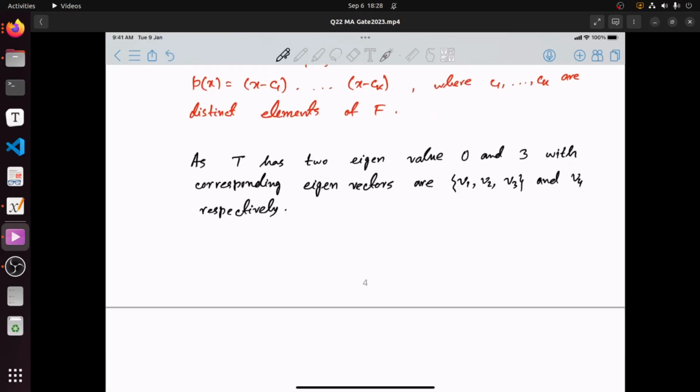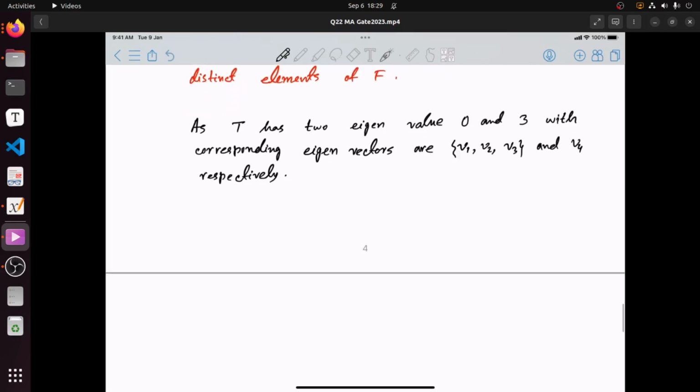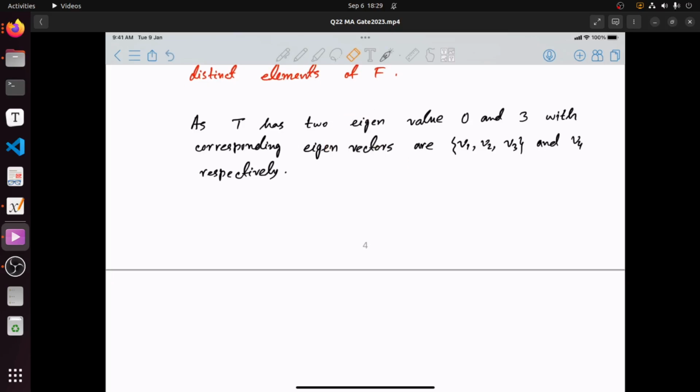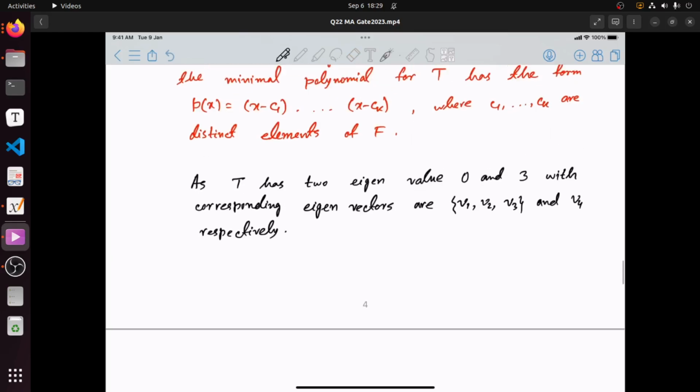How does the minimal polynomial look? The minimal polynomial will be made of linear factors, and it has two different eigenvalues, 0 and 3.